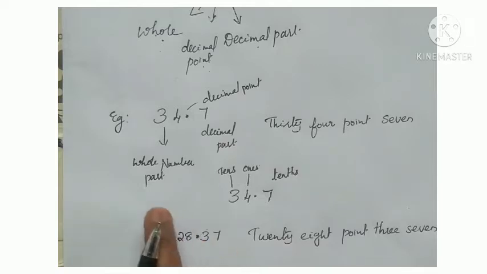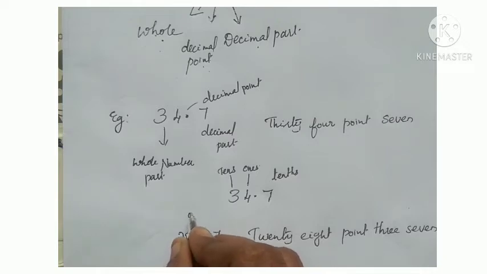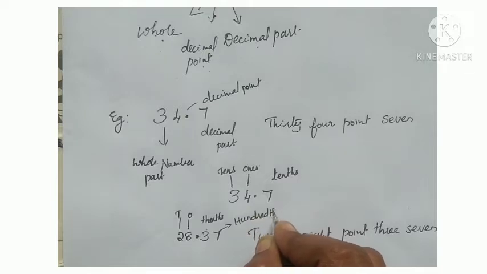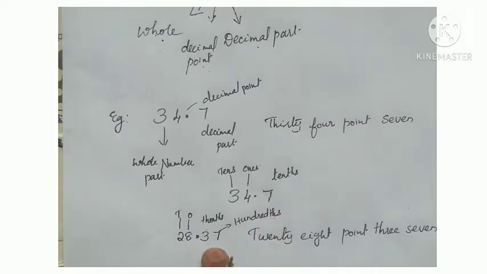So here, how can we read this number? 28.37. In the whole number part, you know the places are ones and tens. But here, what is the first place? That is tenths. And what is the second place? That is hundredths. Second place is known as hundredths. Understand, all of you?